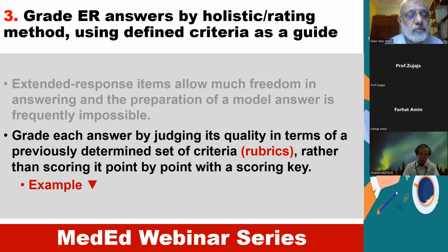So we need to grade each answer by judging its quality in terms of a previously determined set of criteria or rubrics. Rubrics can be more useful as a holistic method for extended response answers, whereas for the restricted response, the model answer can be more useful.